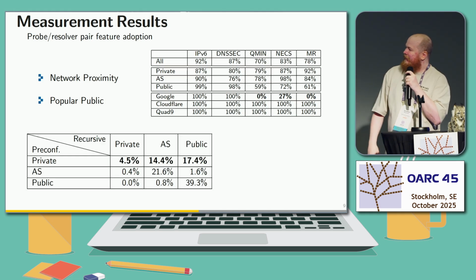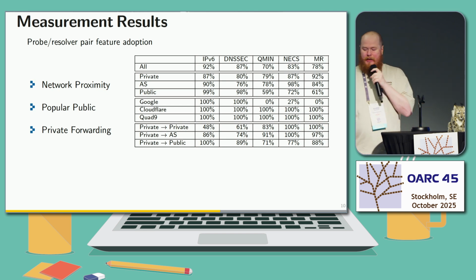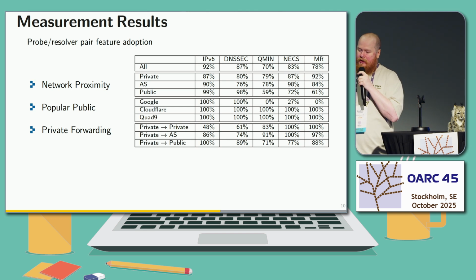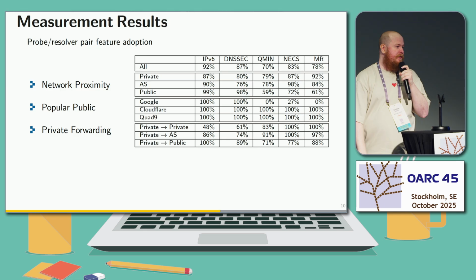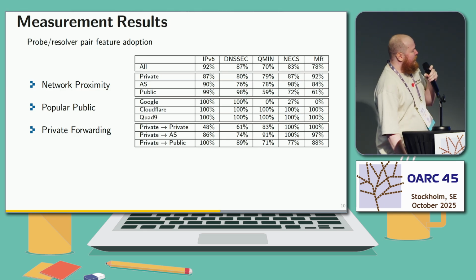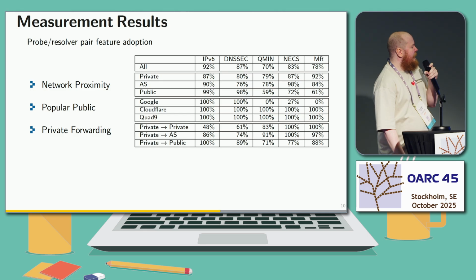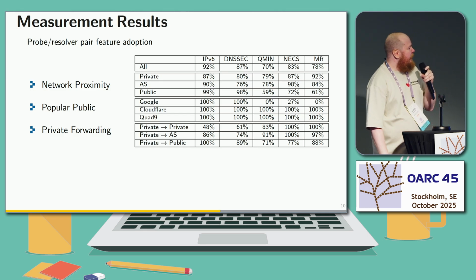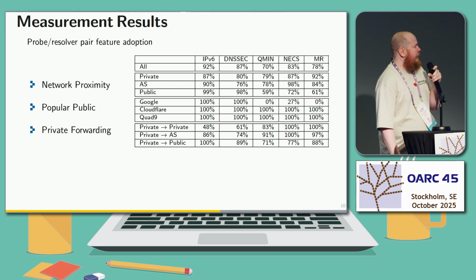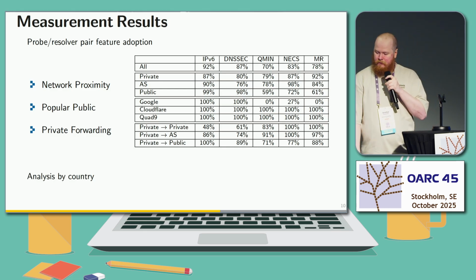Looking at the final table, when we forward queries from the private resolver to a public one, we can see the adoption of IPv6 going up to 100%. With private to private, or a single resolver doing the resolution, it's very low. And we see around 100% for not sending the client subnet and also for providing the client with a minimal response.